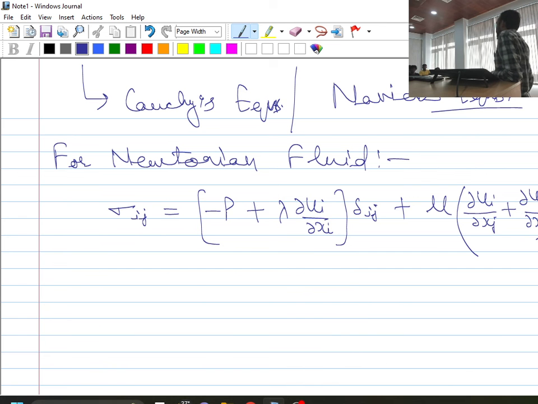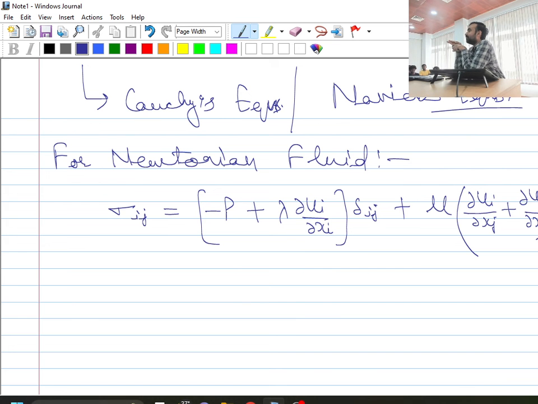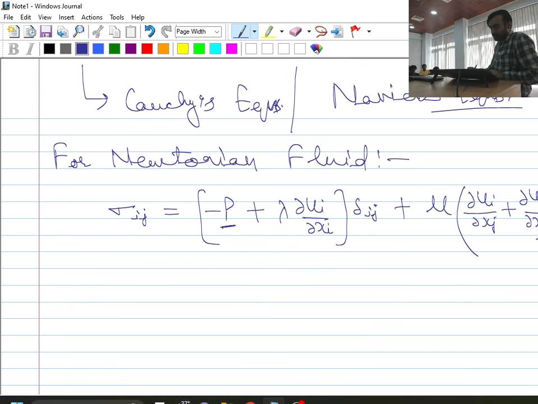Okay, so now this is nothing but your equation which can represent the value of stress, which can represent your stress tensor. So first thing you have to understand is stress tensor is nothing but equal to, one, stress is coming because of the pressure, so that is accounted for over here.